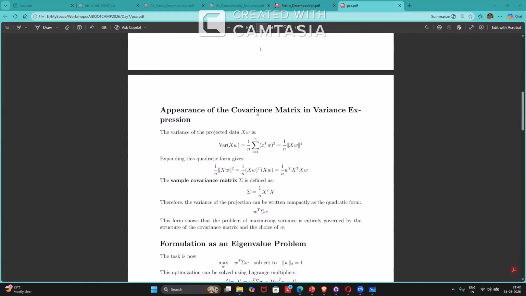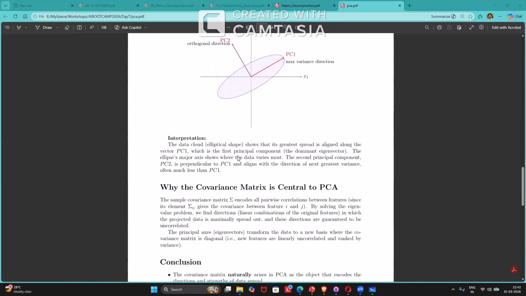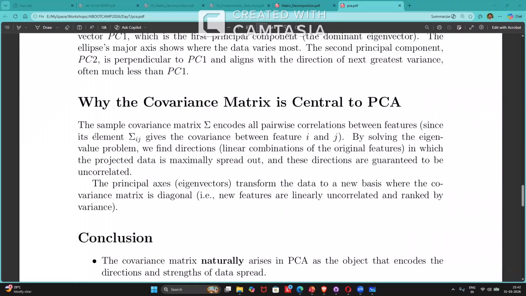Appearance of covariance matrix in variance expression. This is all technical. A sample covariance matrix encodes all pairwise correlation between features, since its elements sigma ij give the covariance between i and j.